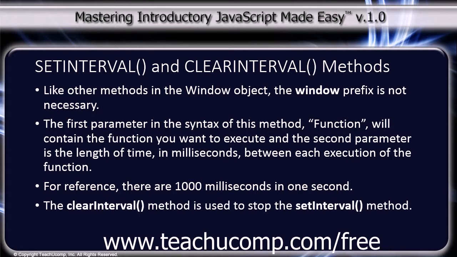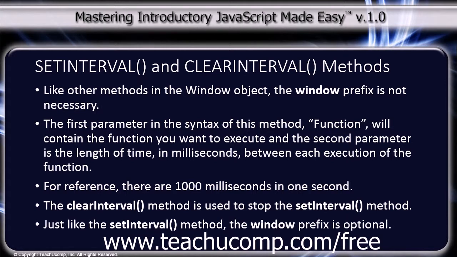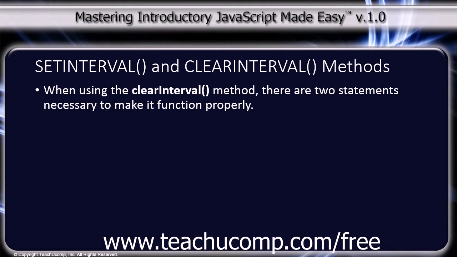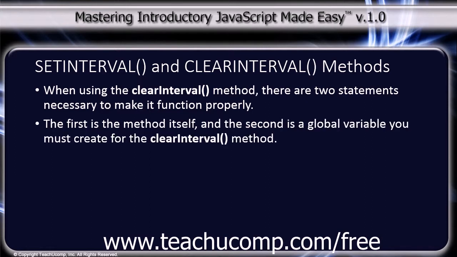The clearInterval method is used to stop the setInterval method. Just like the setInterval method, the window prefix is not necessary when writing this method. When using the clearInterval method, there are two statements necessary to make it function properly. The first is the method itself, and the second is a global variable you must create for the clearInterval method.